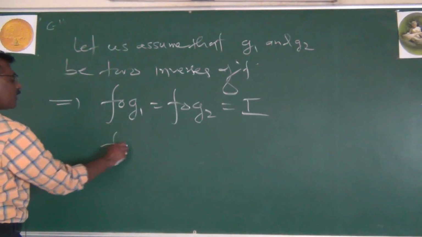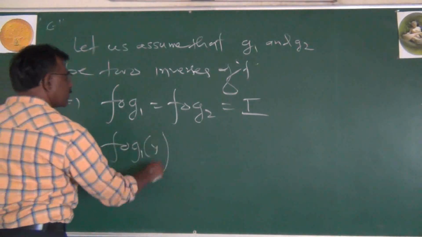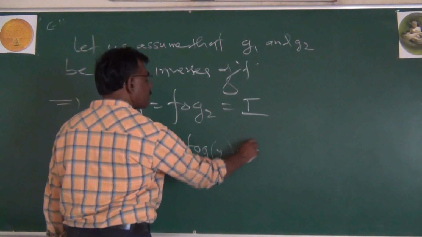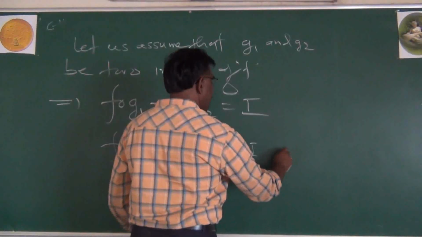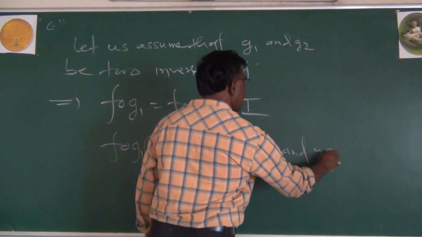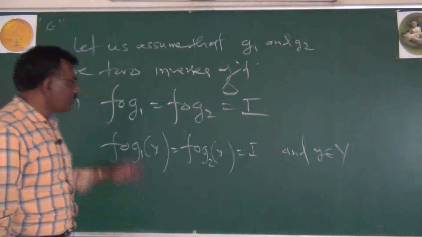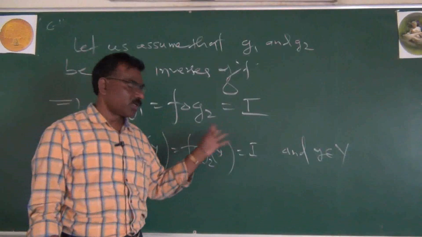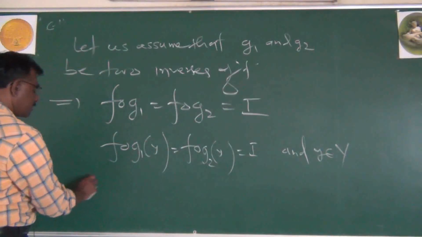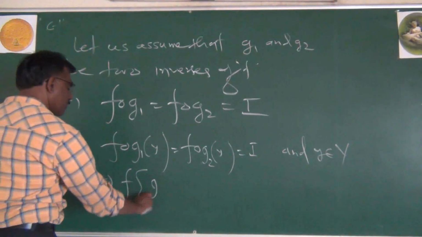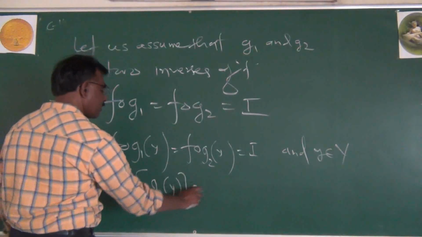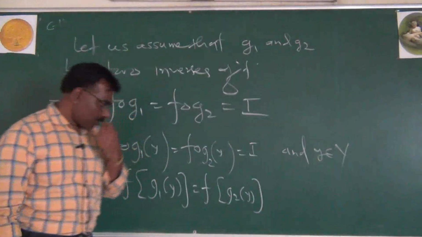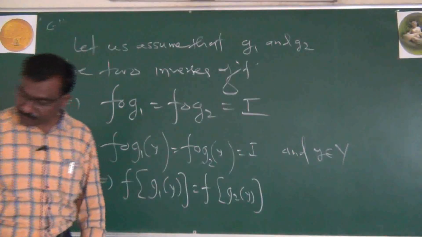I am taking f composition g1 equals f composition g2 equals I. Now, small y belongs to Y. I am taking f composition g1, but it is a function of y because y belongs to the domain. It implies f of g1 of y equals f of g2 of y. You take these two.